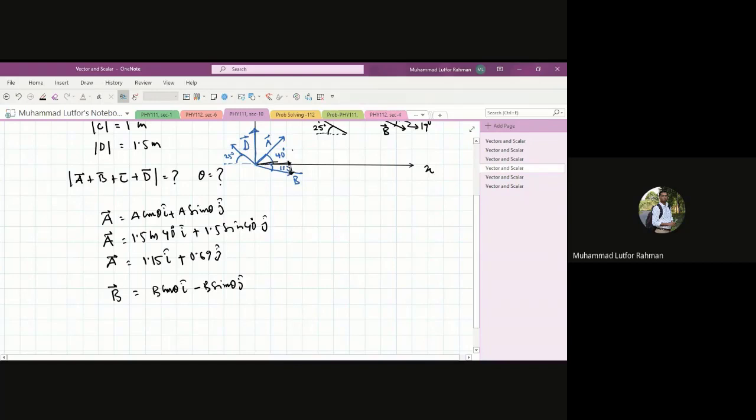For the case of A, the x component is positive and the y component is also positive. In that case, B would be, if you just put in the values, I'm just writing because my time is running out, 1.9 i hat plus 0.65 j hat. So this will be my vector B.